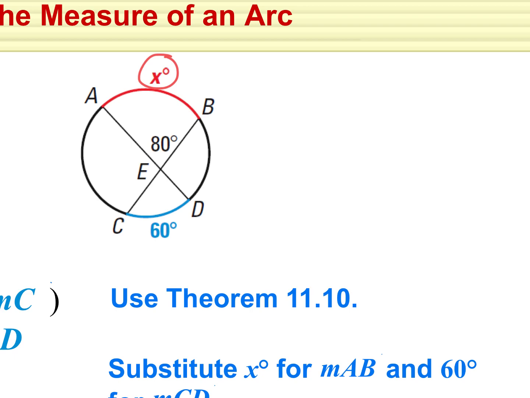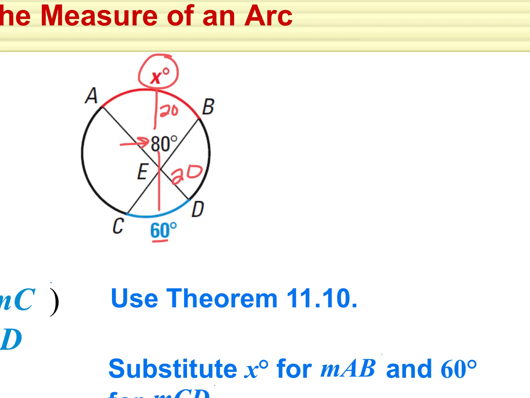Right, because if we did the average, we said that this middle value should be in the middle of the two arcs. We have one of them, 60, so we need to find the difference between these two. 80 minus 60 gives us 20, so the distance between these two should also be 20.